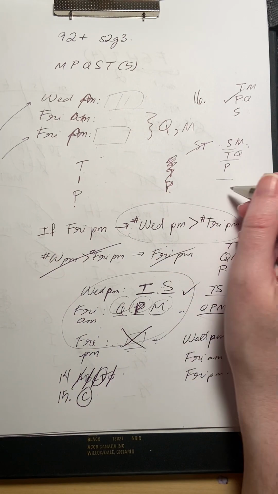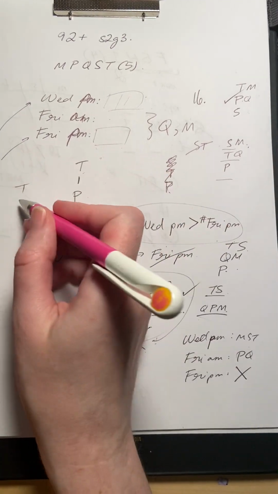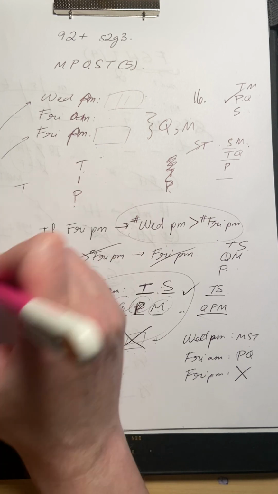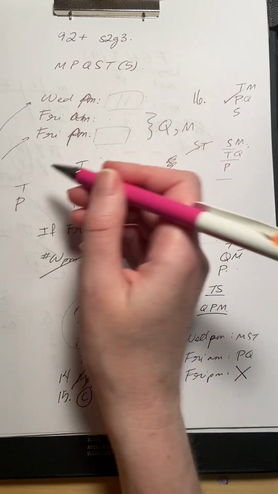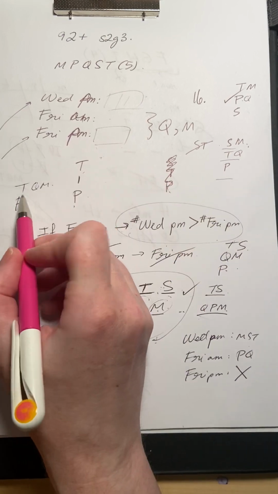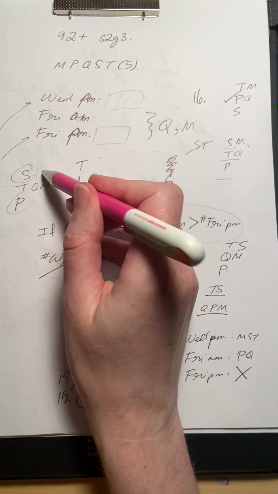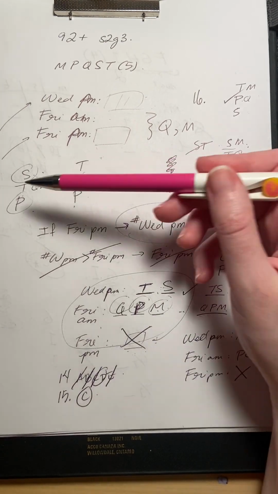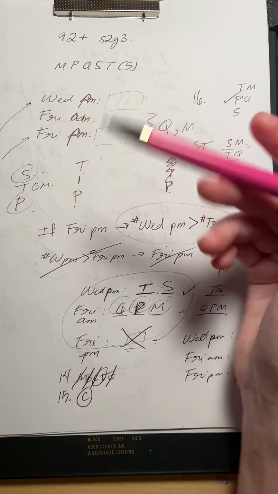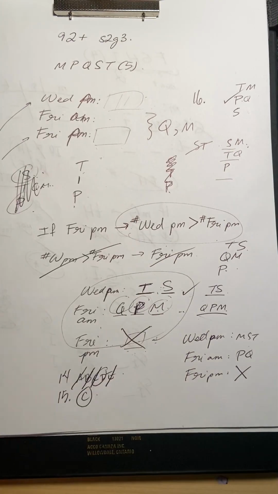Moving T to Friday morning instead of Wednesday afternoon is going to be a problem because then we wouldn't be able to have more in Wednesday afternoon than Friday afternoon. So A is definitely the correct answer.